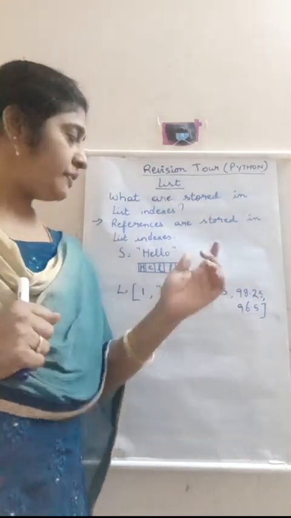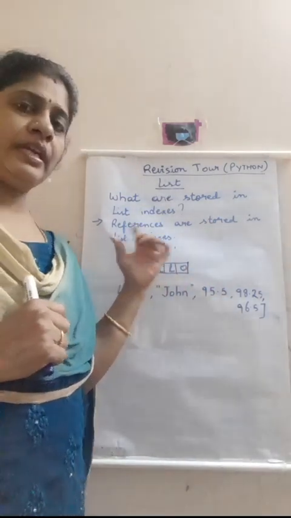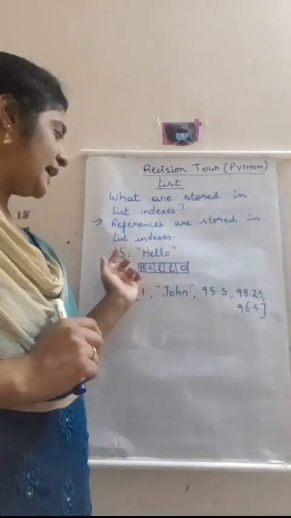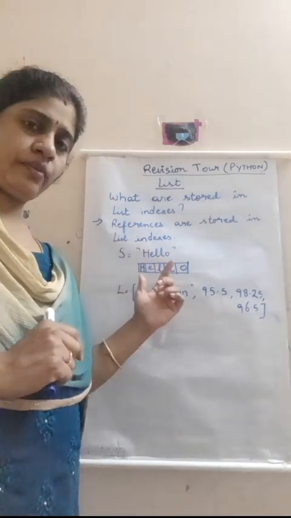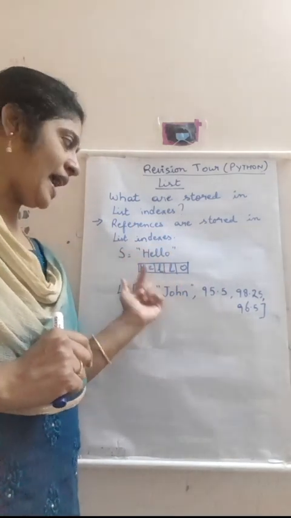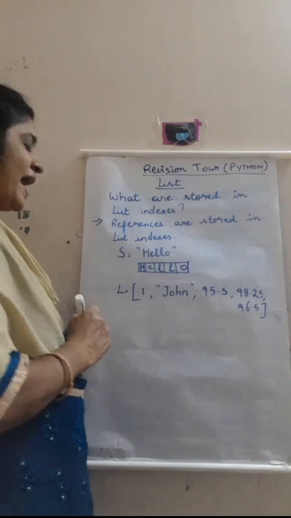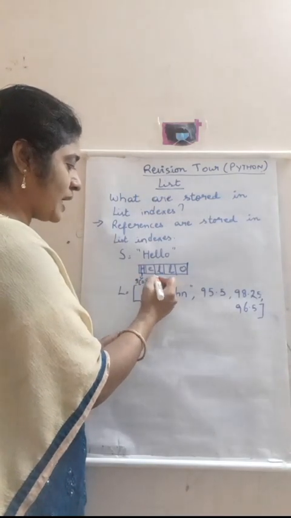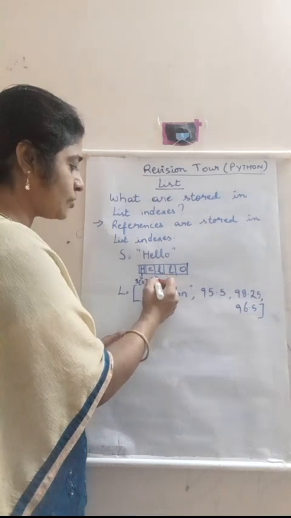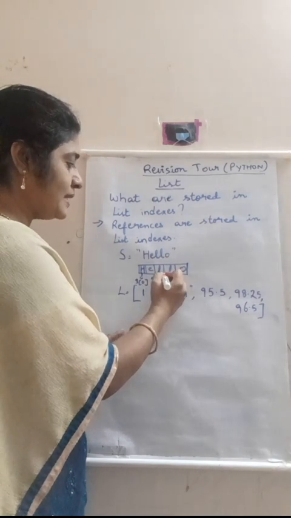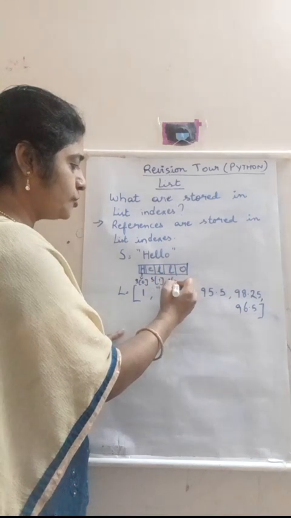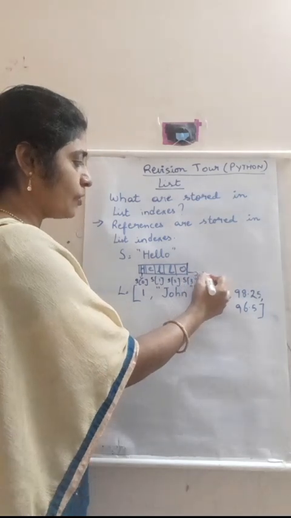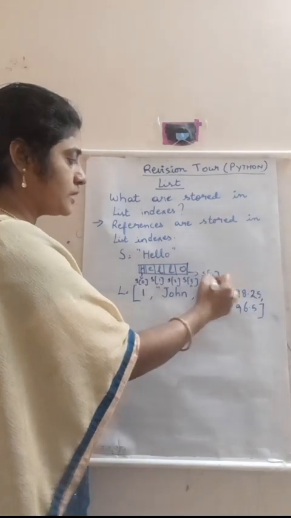For example, let us compare it with a string. What exactly is getting stored in a string at each index? In the case of a string, suppose I write hello. In memory, hello is stored and H is accessed as S of 0, E is accessed as S of 1, L is accessed as S of 2, this L as S of 3, and this as S of 4.